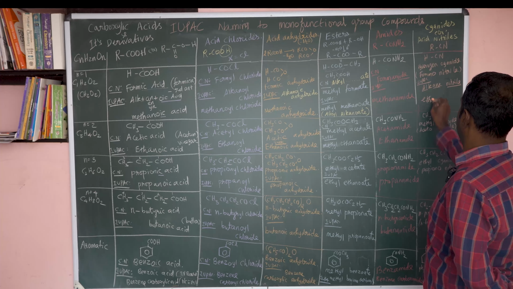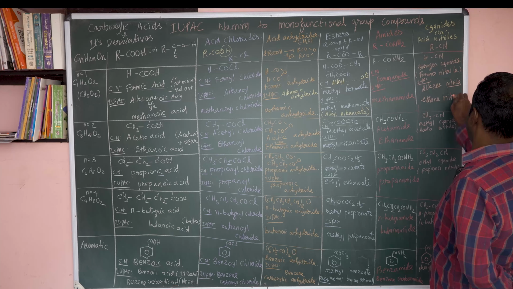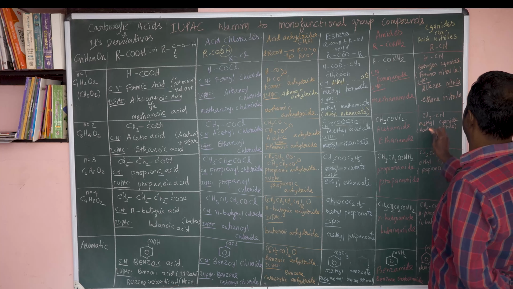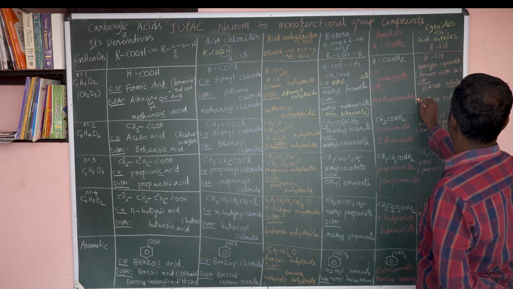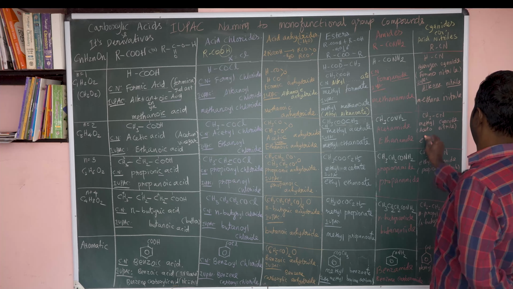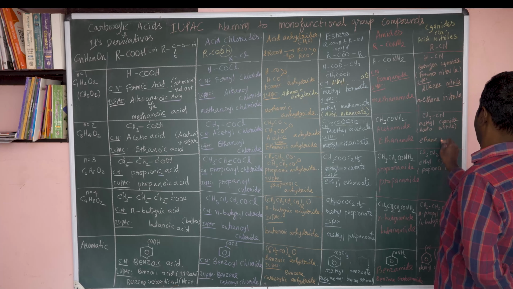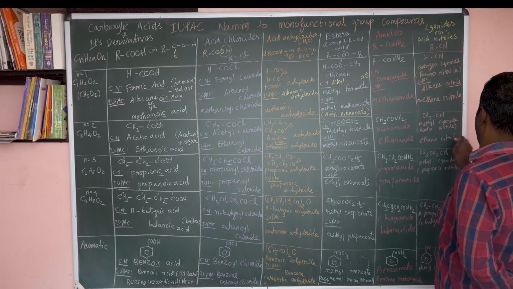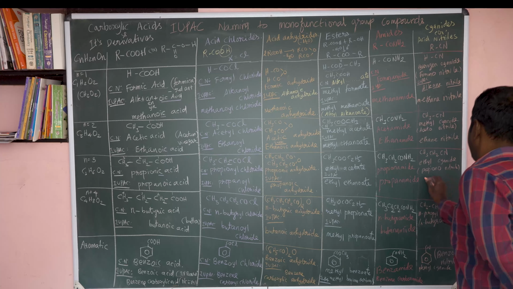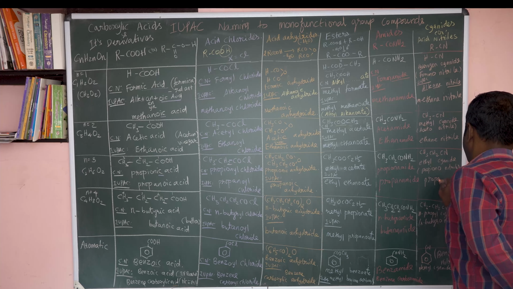For HCN, methane nitrile. For methyl cyanide, it is ethane nitrile. For this compound, propane nitrile.